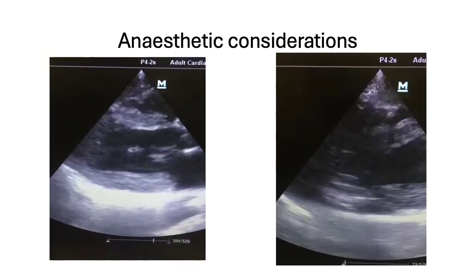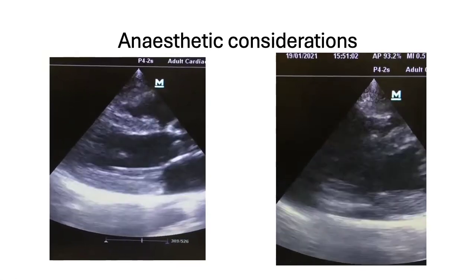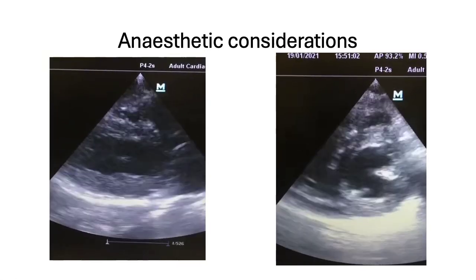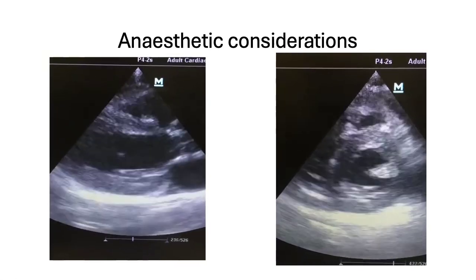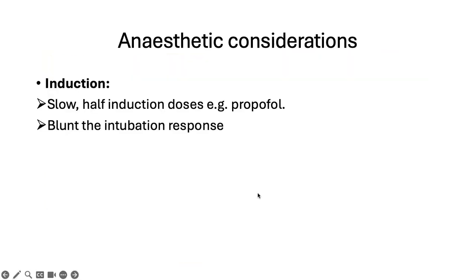So that really helps a lot in your clinical decision making, and it helps you to give a safer anesthetic. All right, so at induction, with these patients you have to go slow, because if you go fast they are going to become profoundly hypotensive.